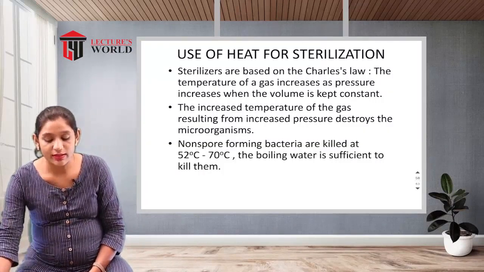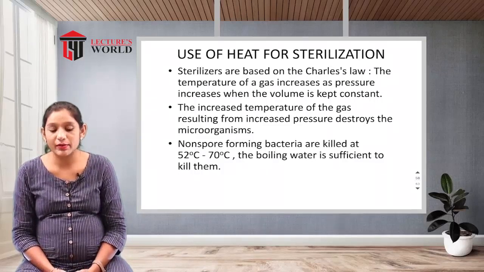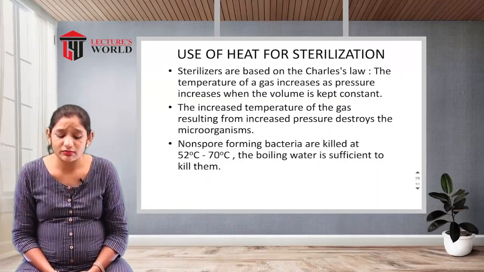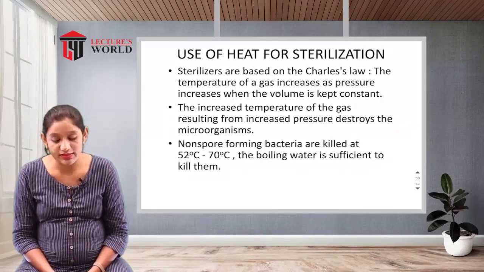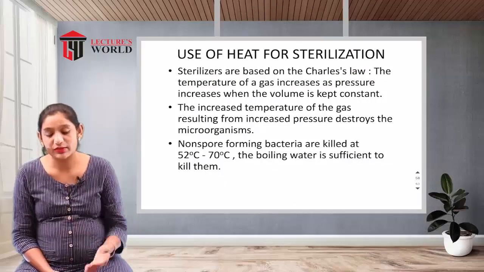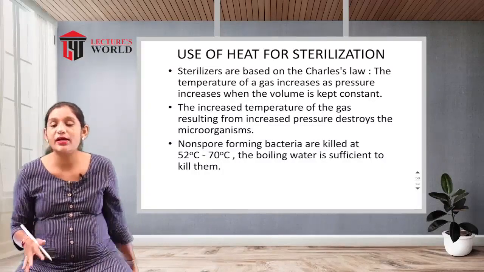The increase in the temperature of the gas resulting from the increase in pressure destroys the microorganisms.